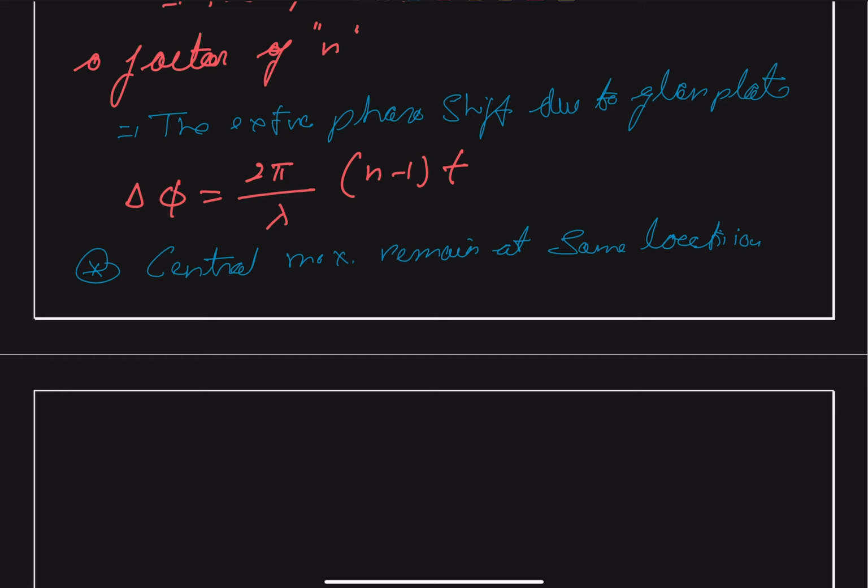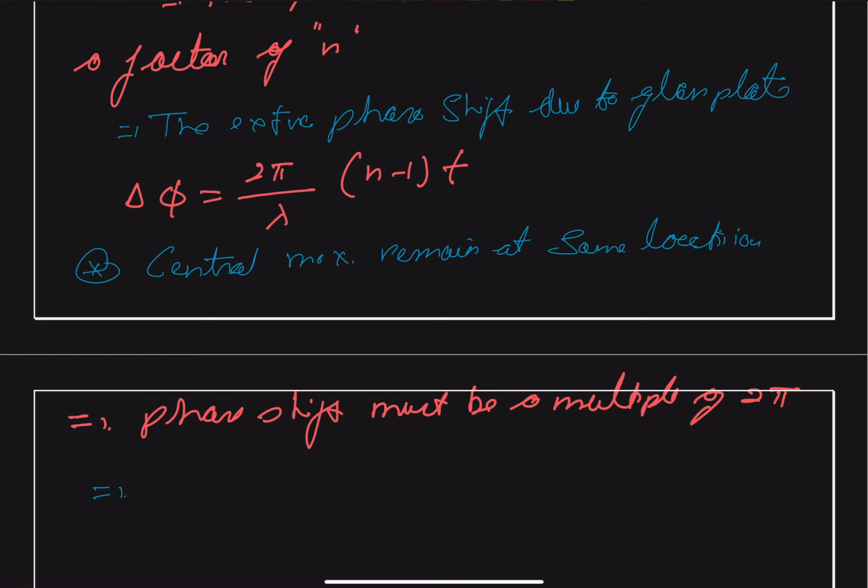Therefore, we can say that the phase shift must be a multiple of 2 pi. So this gives the equation 2 pi by lambda times n minus 1 multiplied by t should be equal to 2 pi multiplied by m.